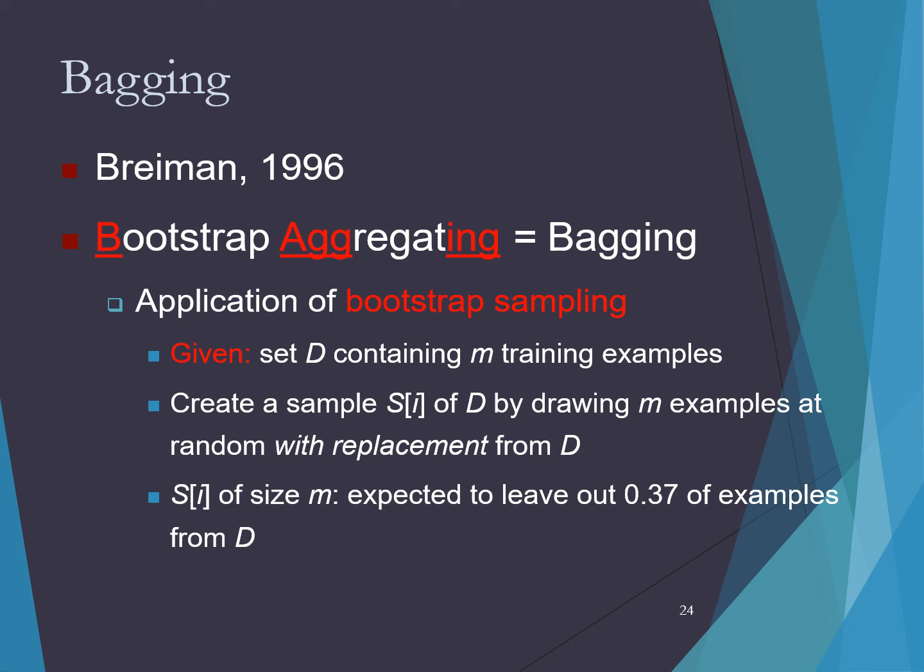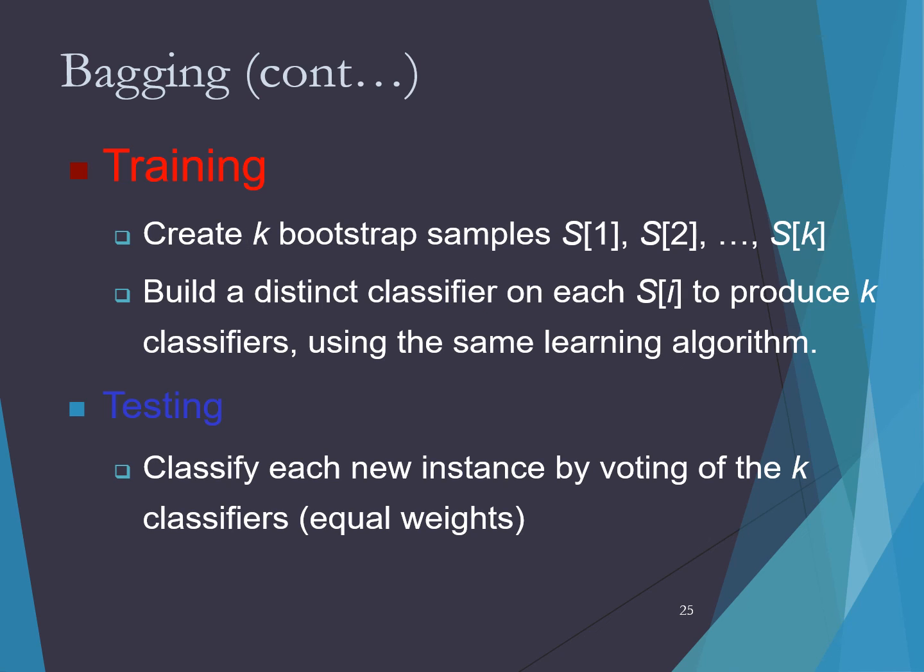Now I'll go with bagging. Bagging is an application of bootstrap sampling. Given a set D containing m training examples, create a sample Si of D by drawing m examples at random with replacement from D. Si of size m is expected to leave out 0.37 of the examples from D. Bagging training: create k bootstrap samples S1, S2, up to Sk.